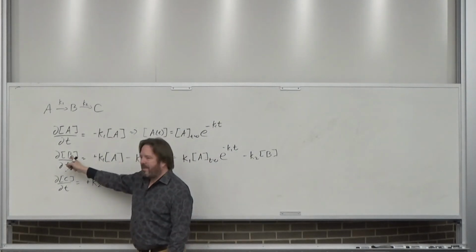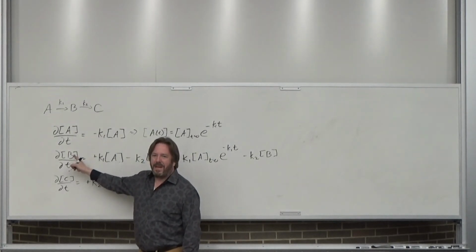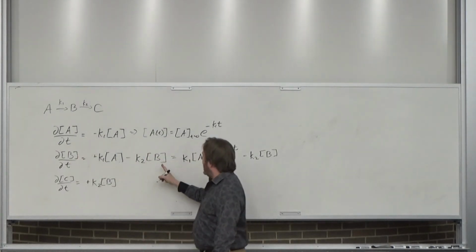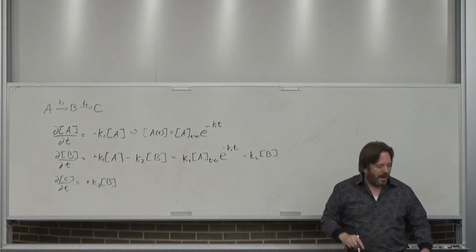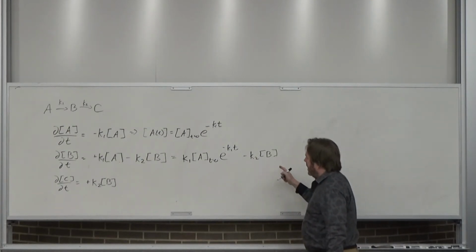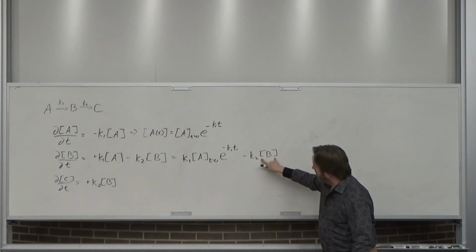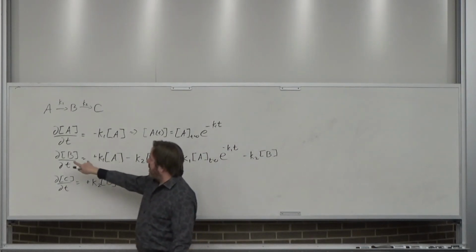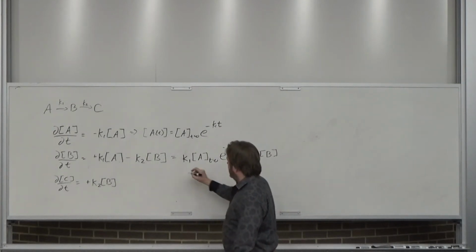What about this? Well, this is clearly B changing as a function of time, and this is B as a function of time. So in the big picture, this and this are the same thing.